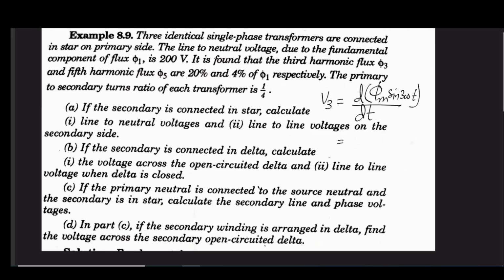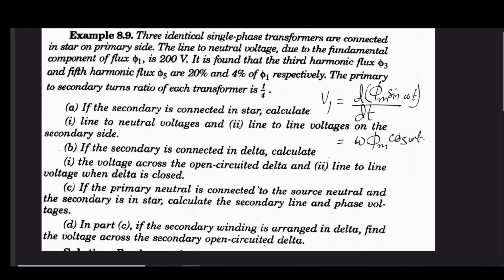Therefore, when you differentiate, 3 omega will come here, and this will become some cos or whatever. So what is my point? When you are considering the fundamental, then the fundamental is like V1, so it will be like this.